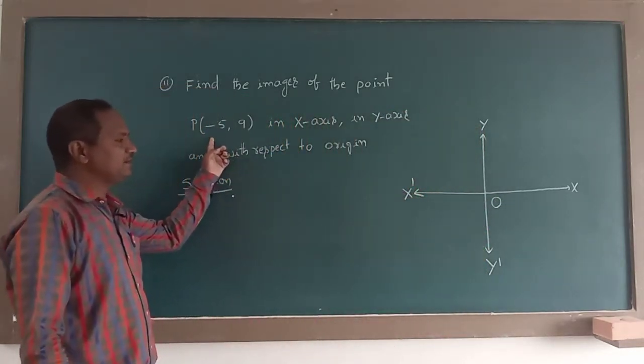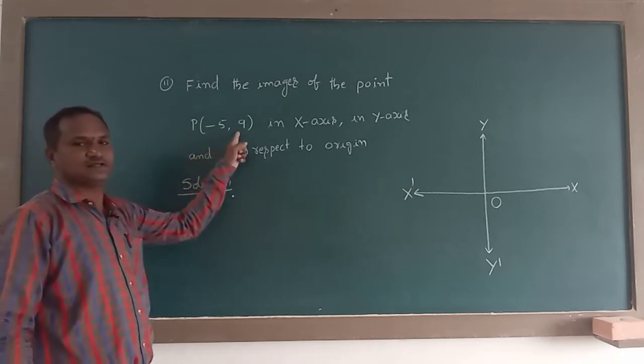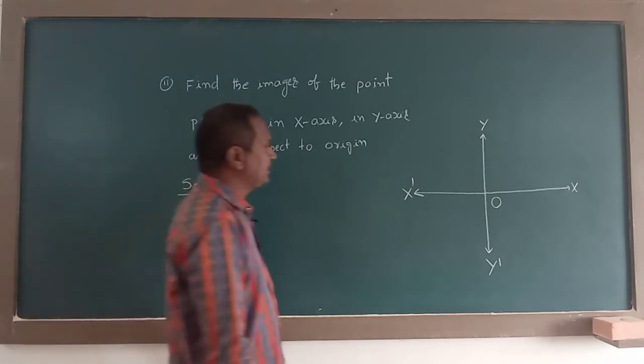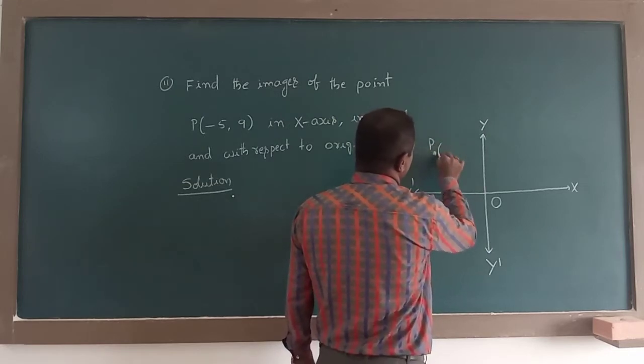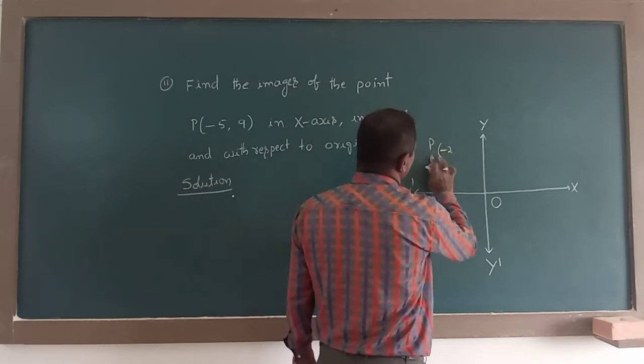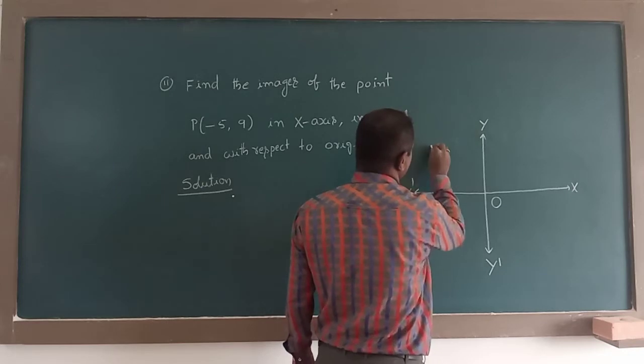Minus 5, comma, 9 means generally minus, plus. It lies in the second quadrant. Here we take a point P, like this.